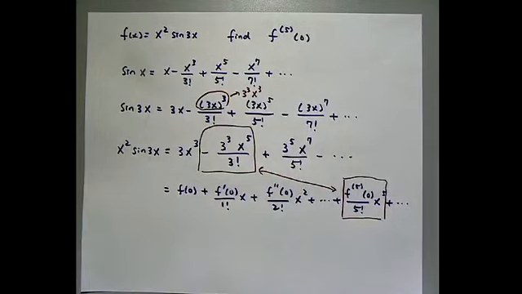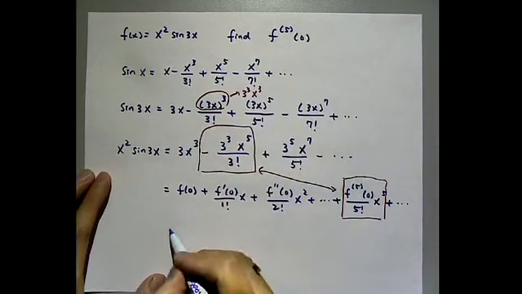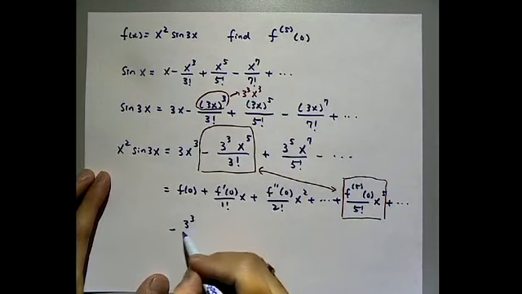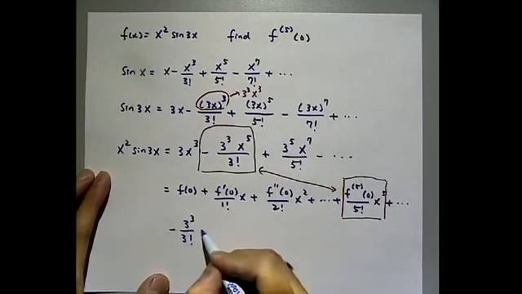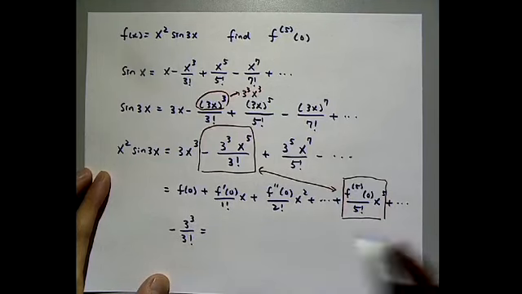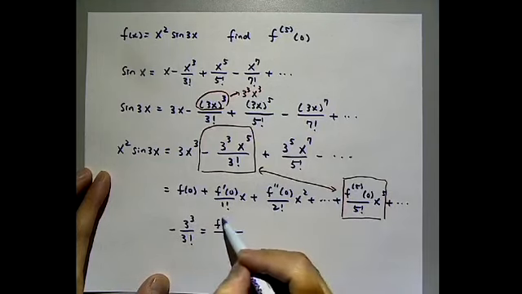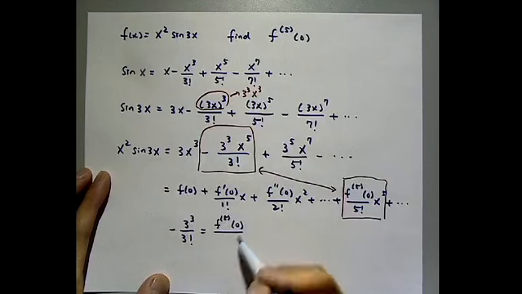Okay? So now you compare these two, we see that negative 3 cubed over 3 factorial must be equal to the 5th derivative at 0 over 5 factorial.